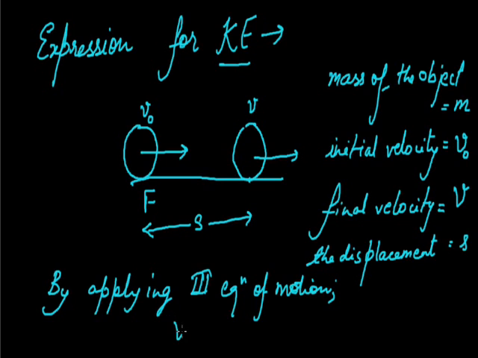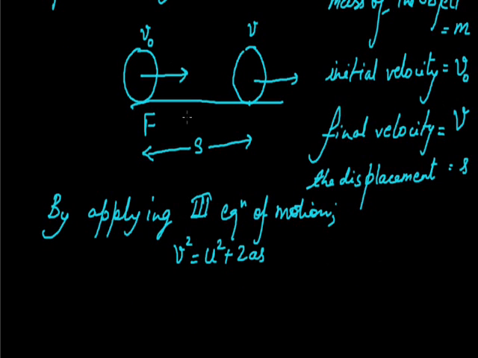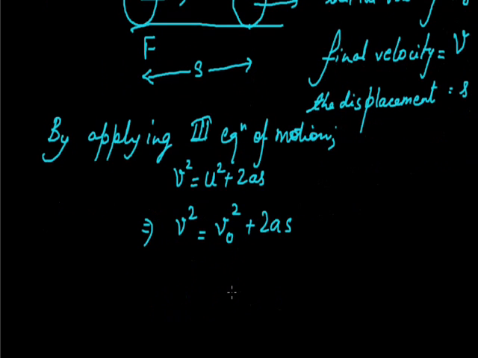This equation says that v square should be equivalent to u square plus 2as. Now, here we know that final velocity square is equal to initial velocity, which in our case is v naught square, plus 2 into a into s. Now here we can write this equation as follows.